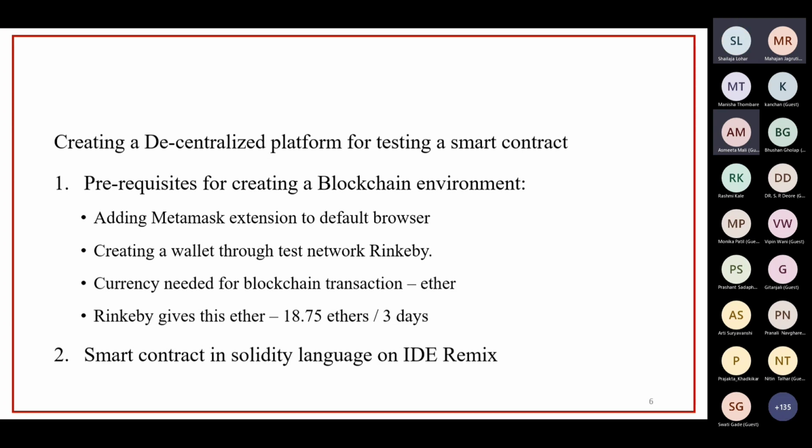And when you go on developing programs in this, ultimately your wallet goes to zero. Obviously, when there is a limit of 18.75 Ethers, it will naturally be nullified after you execute multiple programs in it. After that, these Ethers will be spent and you will see that now you have to switch on to the next network. So this is the basic idea of how the blockchain will be used.